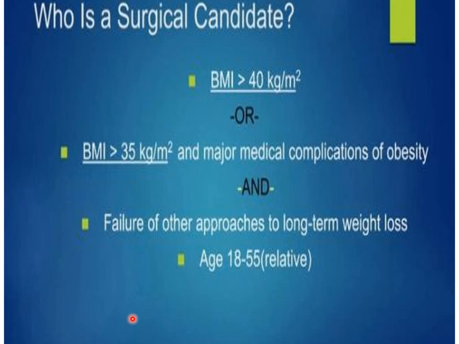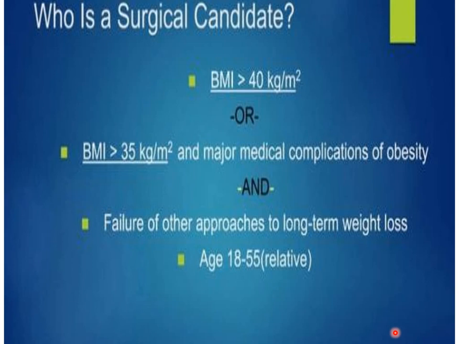So, let's look at who the surgical candidates for bariatric surgery are. Those people who have a body mass index more than 40 kilograms per meter squared, or a body mass index more than 35 kilograms per meter squared with major medical complications of obesity, or failure of other approaches to long-term weight loss.